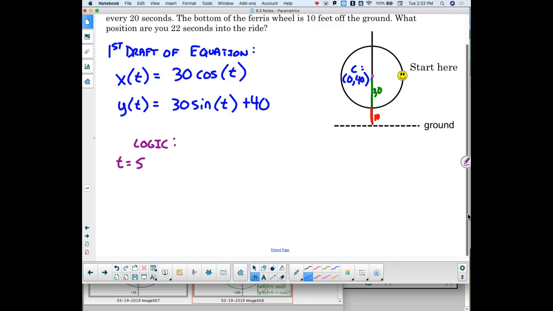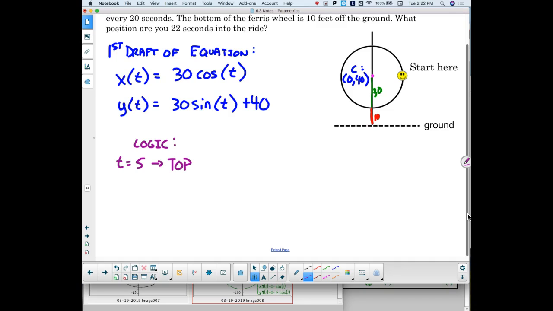The smiley face is where we start. So where are we, Sam? We're at the top. Why are we at the top? Yep. I'm a fourth of the way around the circle, and if I'm going counterclockwise, I'm at the top. Does everybody agree that 5 seconds into the ride, we're at the top of the Ferris wheel?